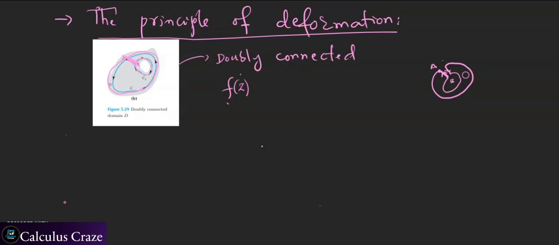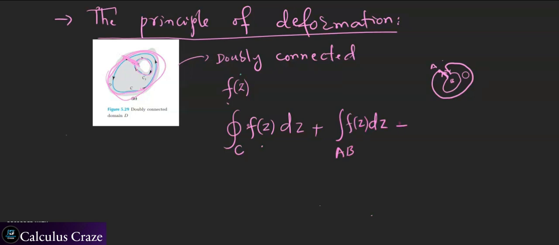There are four curves, and the sum of four quantities equals 0: the contour integral of f over C, plus the integral of f of z over AB, plus the integral over minus AB of f of z dz, plus the integral over C1 of f of z dz.